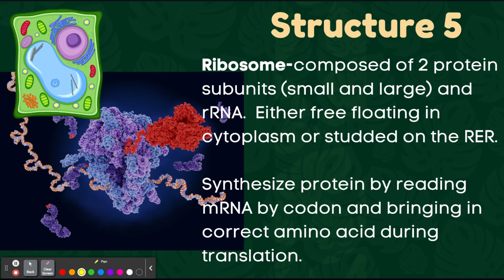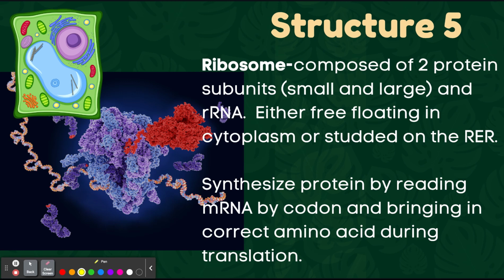They also have ribosomal RNA, and that also helps with their structure. They can either be freely floating around in the cytoplasm if the material doesn't have to be transported, if it's a cytoplasmic protein, or if it needs to be transported somewhere else in the cell, then the ribosomes that are studded on the rough endoplasmic reticulum take care of that.